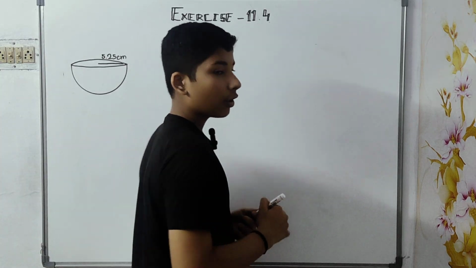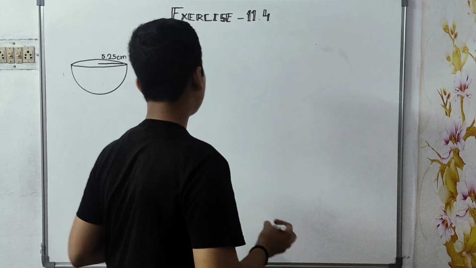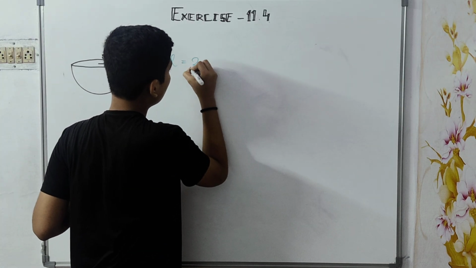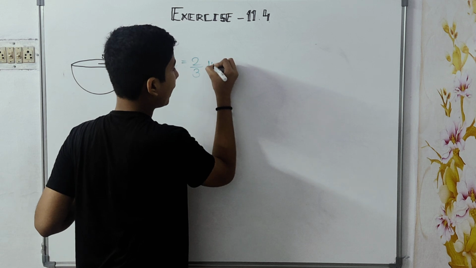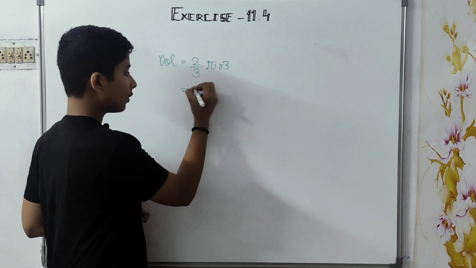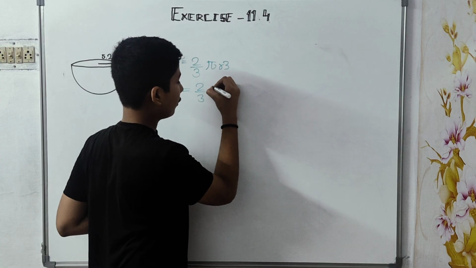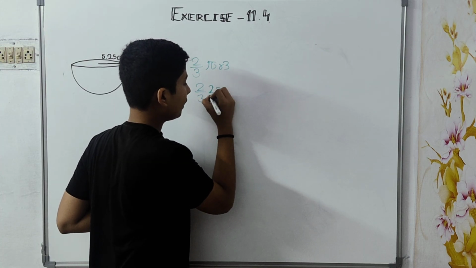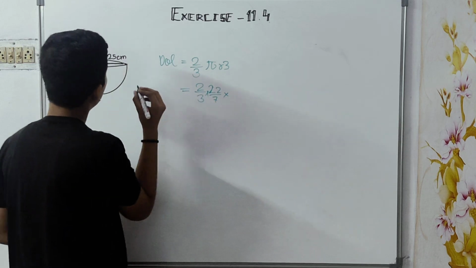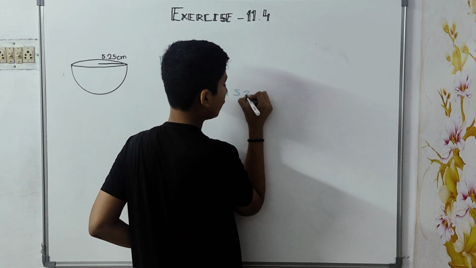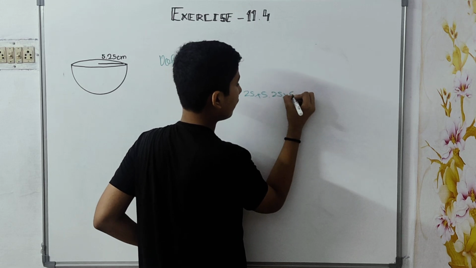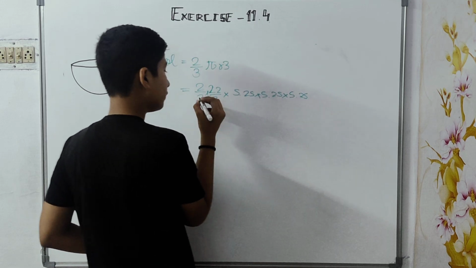We all know that we have to firstly find the volume. Volume equals 2 by 3 pi r cube. So it would be 2 by 3 into 22 by 7 into radius 5.25, so 5.25 into 5.25 into again 5.25.